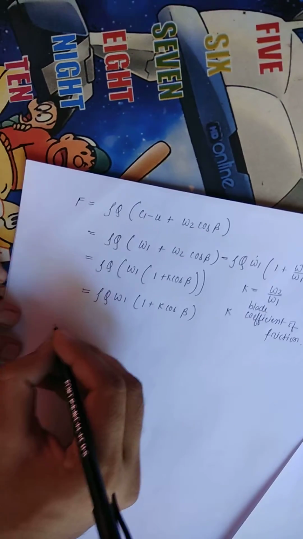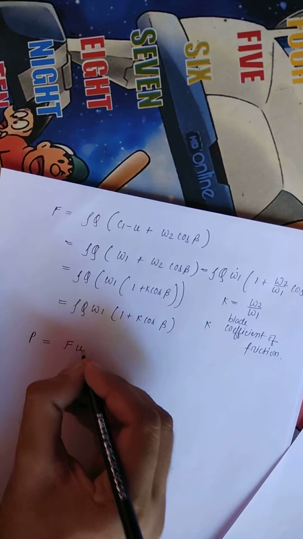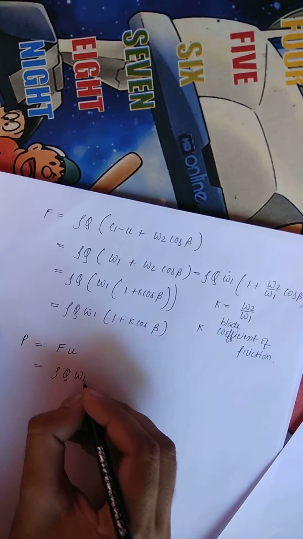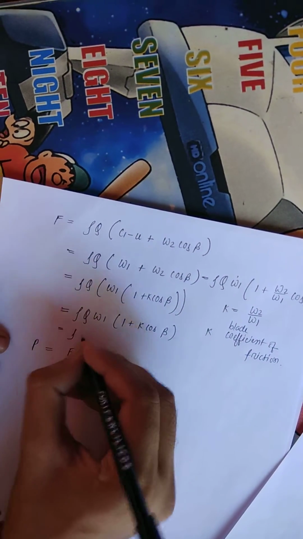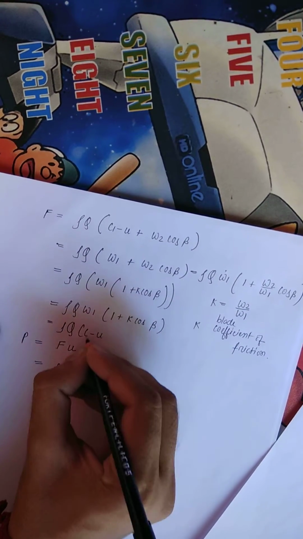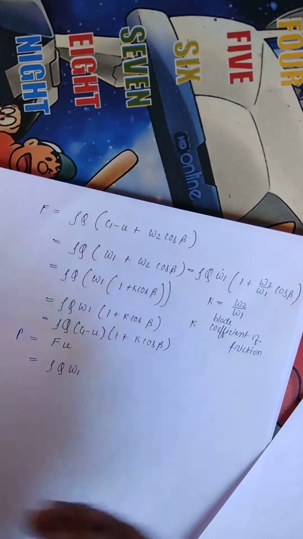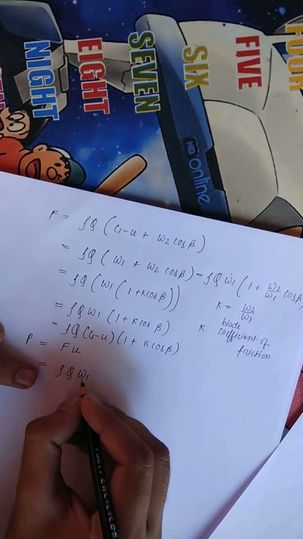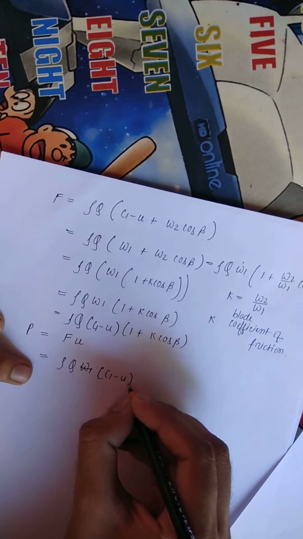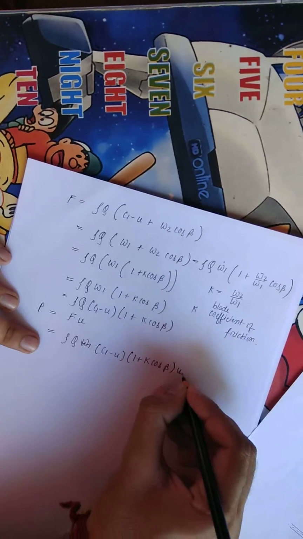Now we need to know the power. Power equals force into velocity. So it is given as rho Q w1 (1 plus k cos beta) into u. Instead of w1 we can write c1 minus u, so it becomes rho Q (c1 minus u)(1 plus K cos beta) into u.